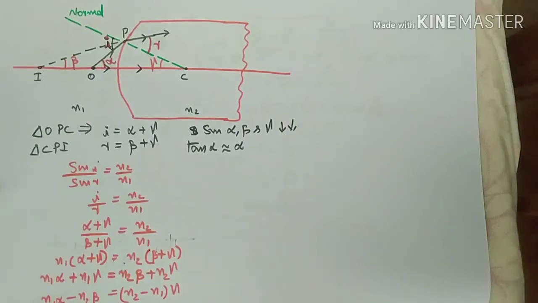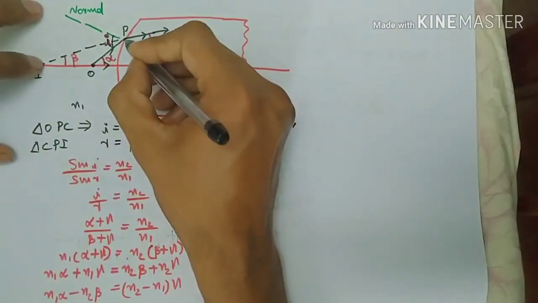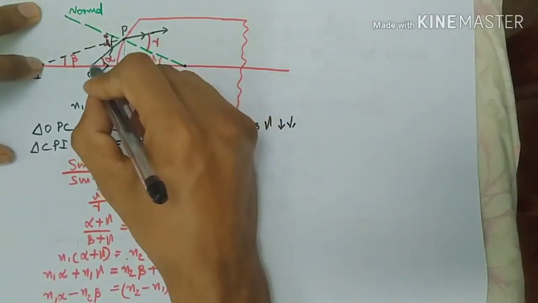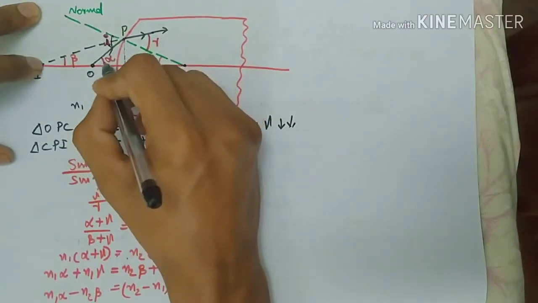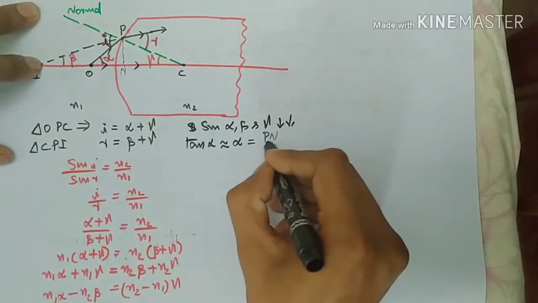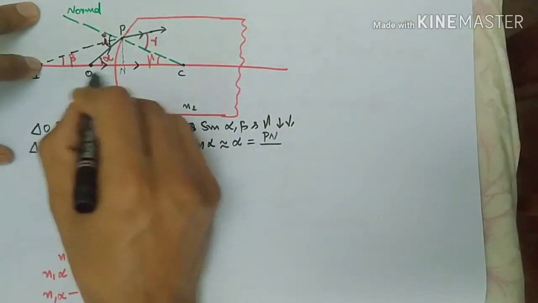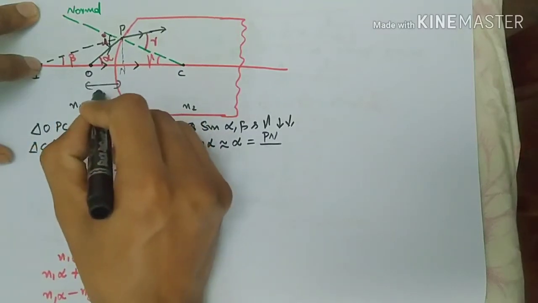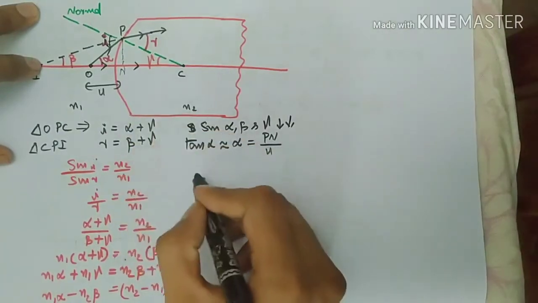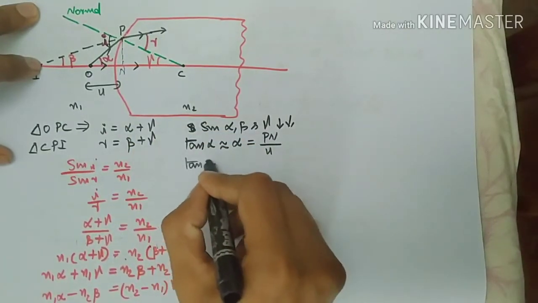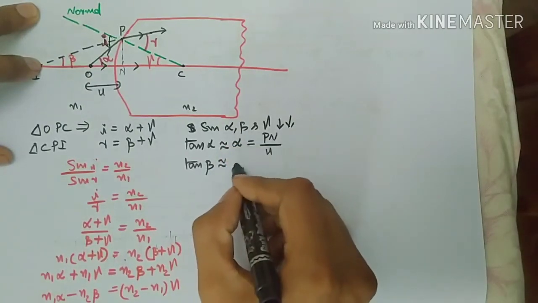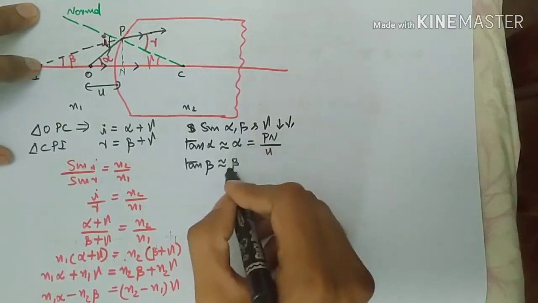In order to find tan alpha, let's draw a dotted line like this, and this is N. In triangle OPN, tan alpha is PN divided by ON. ON is approximately U. Therefore, PN by U. Then next is tan beta. Tan beta is approximately beta, since beta is very small.